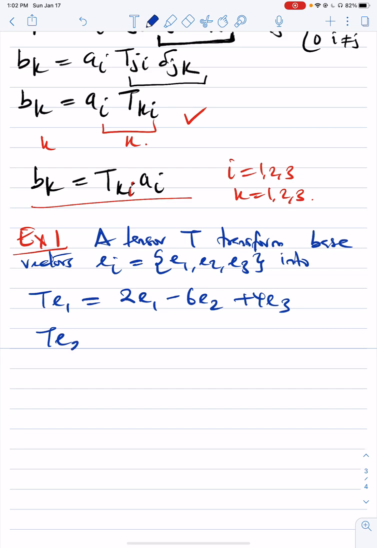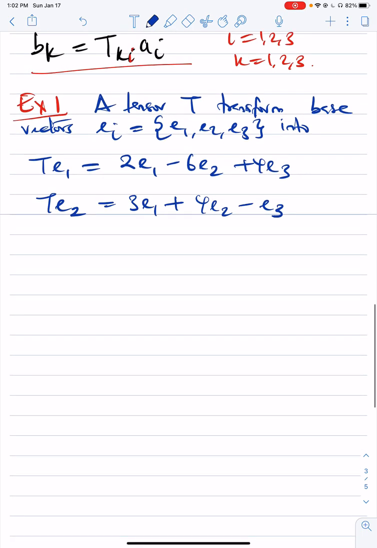It transforms this one to 3E1 plus 4E2 minus E3, and transforms this one as minus 2E1 plus E2 plus 2E3.